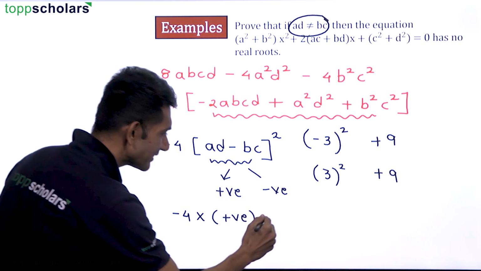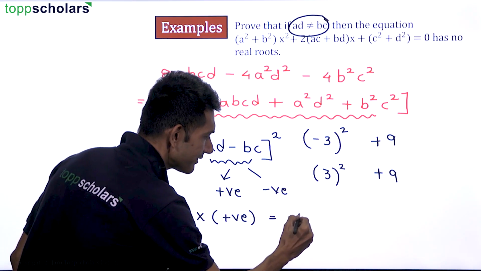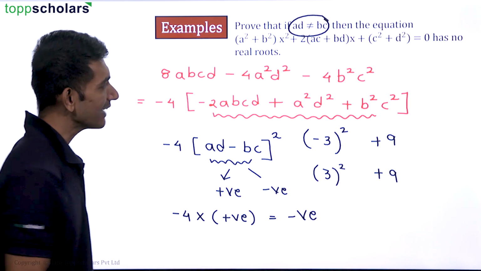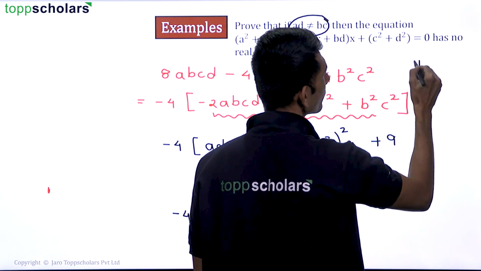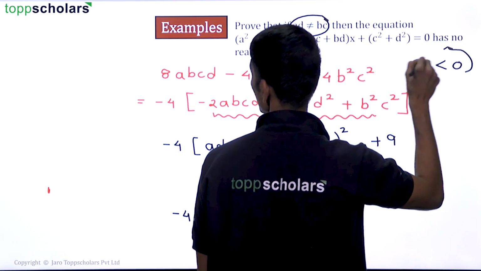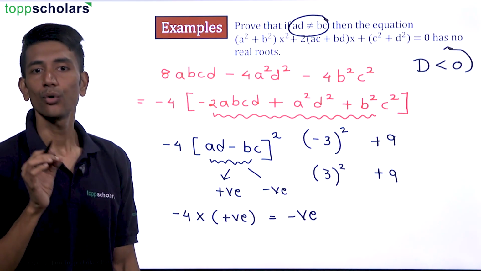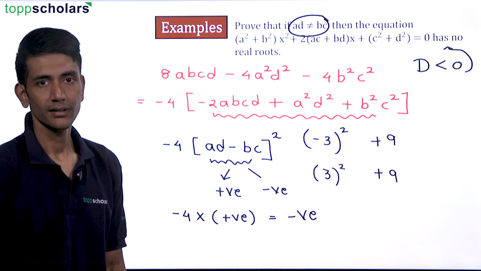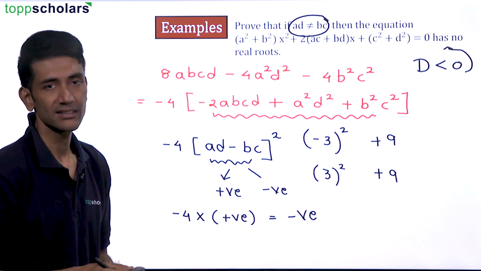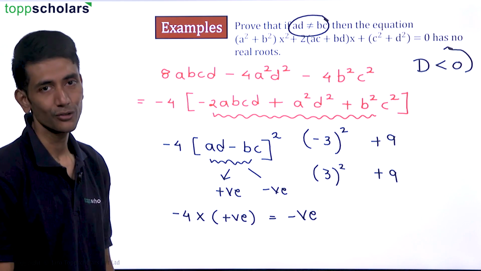So can I say this answer is negative? So if this answer is negative, can we say our D is less than 0? And if D is less than 0, this has no real roots. Correct? We have proved it because our discriminant is less than 0. I hope you have understood how to solve this problem, right?